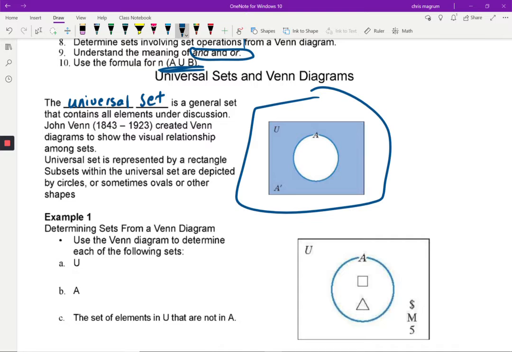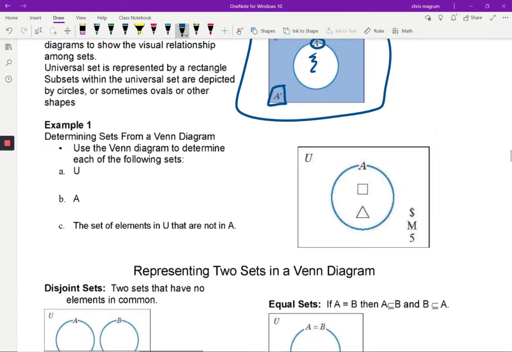I also want you to notice, if we're calling this set A, we have this part on the outside with A with an apostrophe after it, kind of getting ahead of ourselves. That is what's called the complement. If you have stuff that's inside of A, the complement means what's not in A. So it's all the stuff on the outside of the circle. We'll talk about it more when we get there.